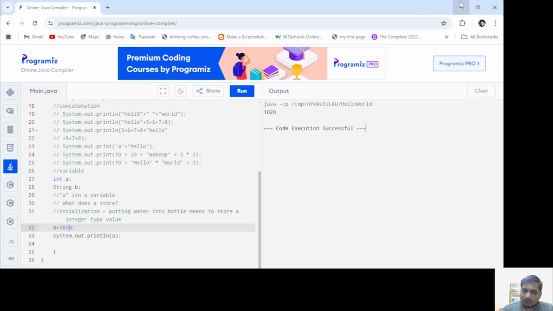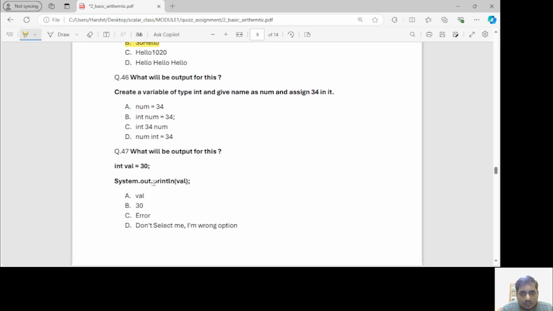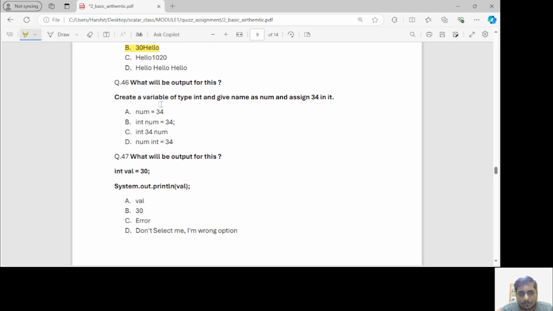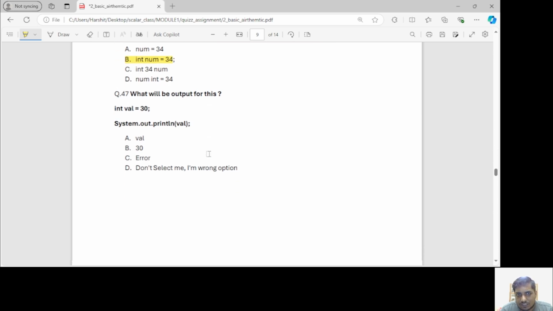So you understand what a variable is. Now we'll come to this topic. Create a variable of type integer, give the name num and assign 34: int num = 34. That is your answer.